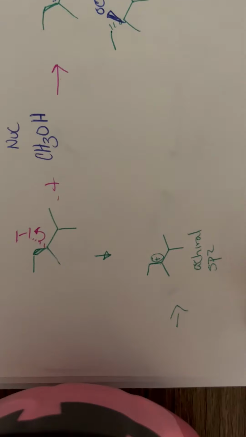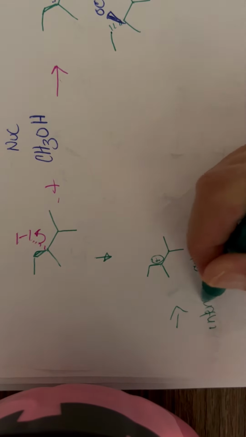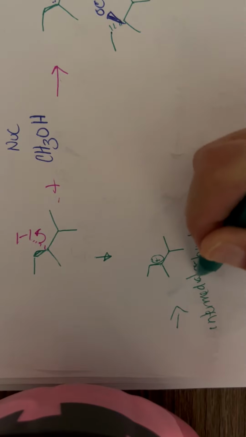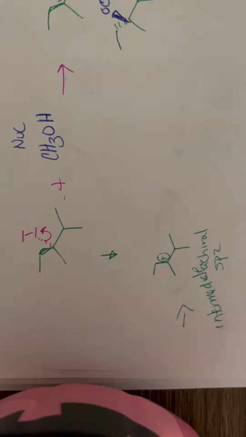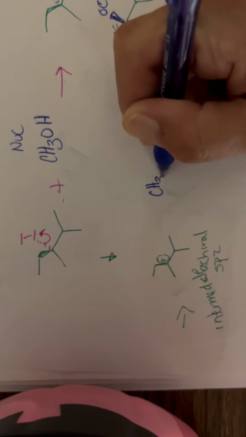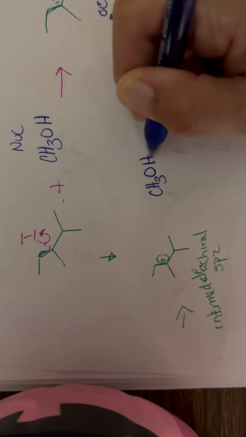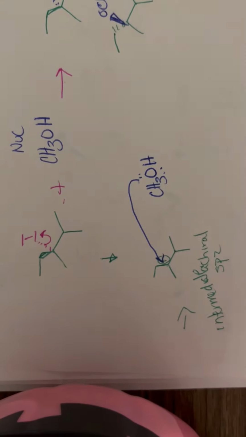So I have an achiral intermediate. Now my nucleophile, even though he's not the world's best nucleophile, he can still help somebody out. We still have lone pairs and things like that.